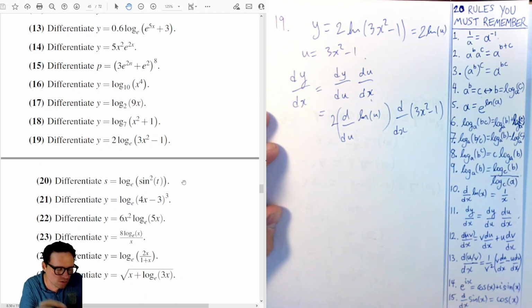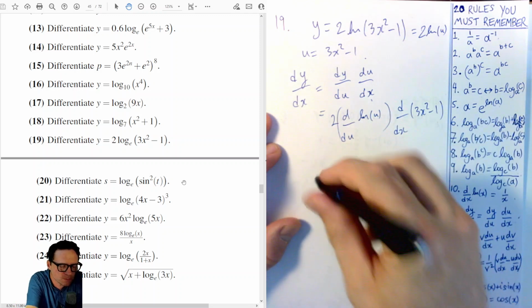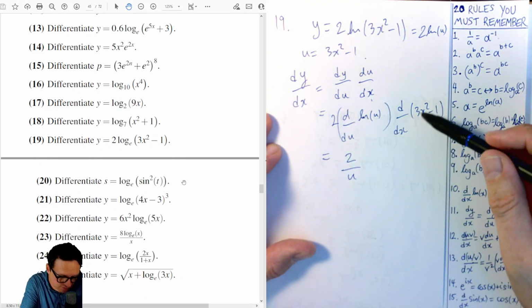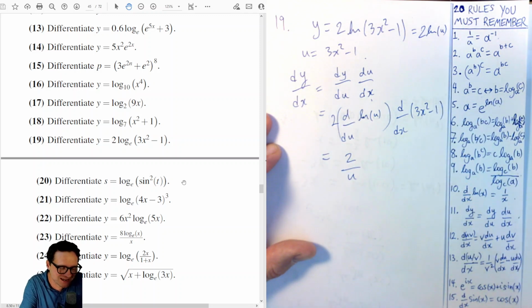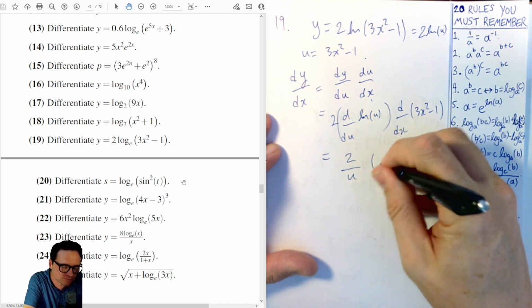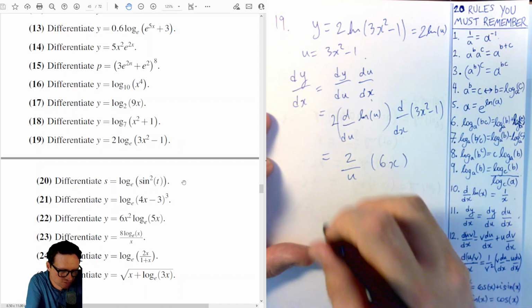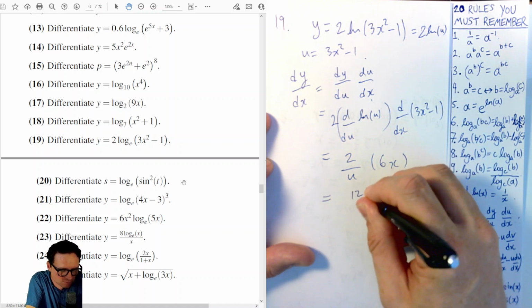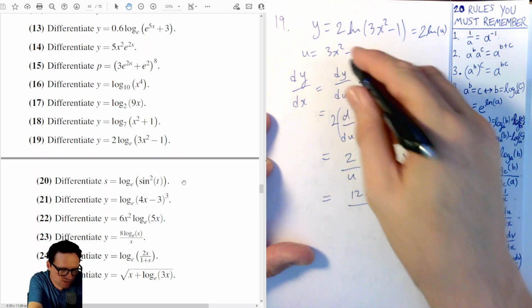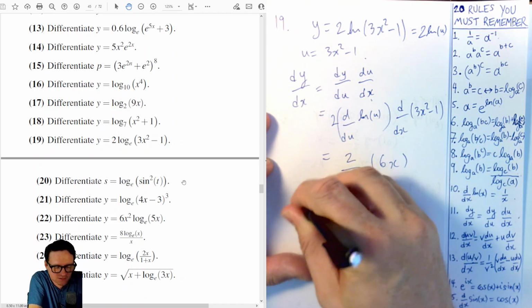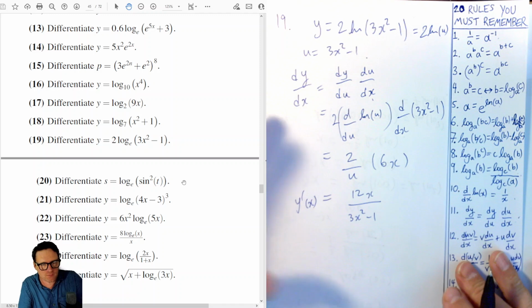Okay, so using rule number 10, this is 1 over u, so 2 over u, and the derivative of 3x squared minus 1 with respect to x is just 6x. And so we have 12x over u. But u is 3x squared minus 1. And so here's our y dash of u.